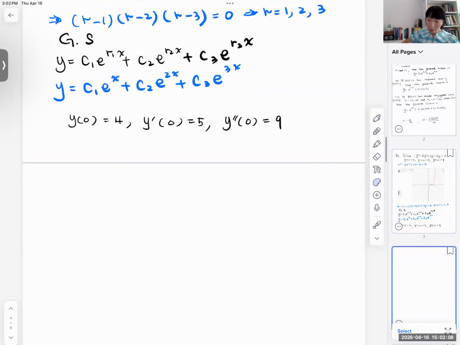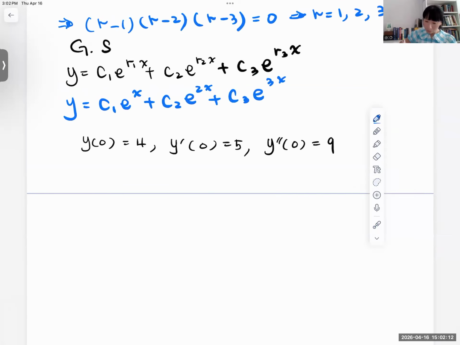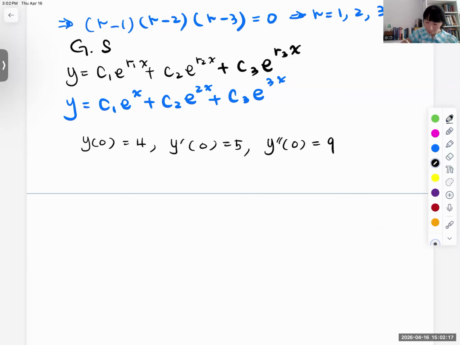All right, so y prime: same, c sub 1 e to the x power plus, right? And the second term, c sub 2 e to the 2x times 2, right?